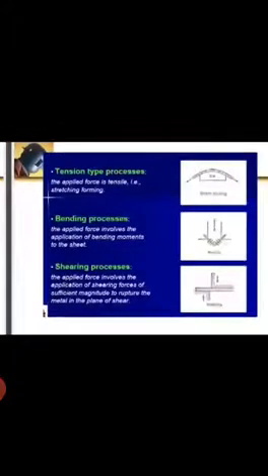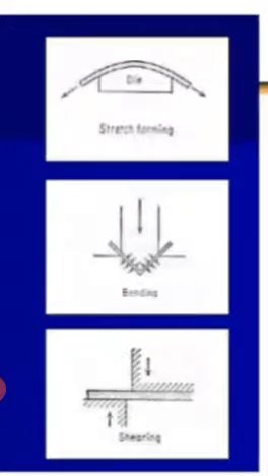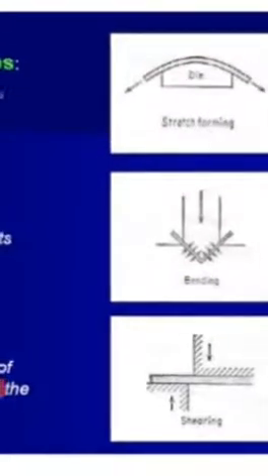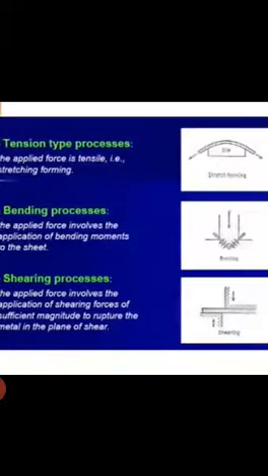Here, with the help of the die, a metal sheet is covered over the die, and with the help of stretching the metal undergoes permanent deformation, reaching the plastic type of deformation. That is what we call the tensile force.